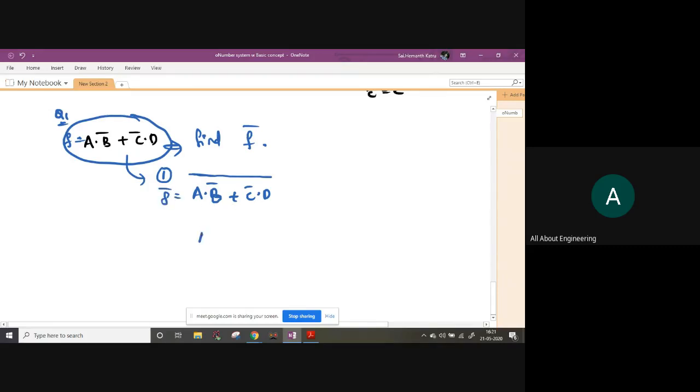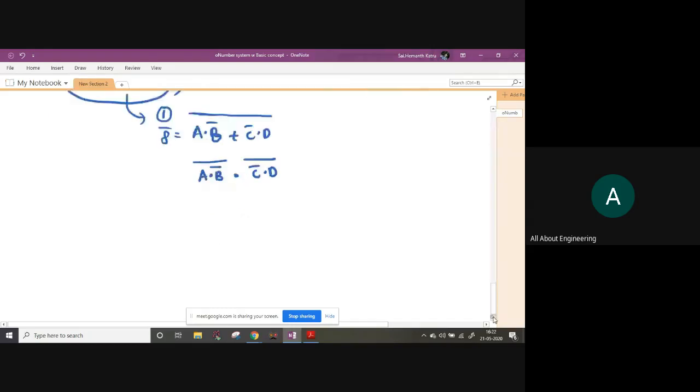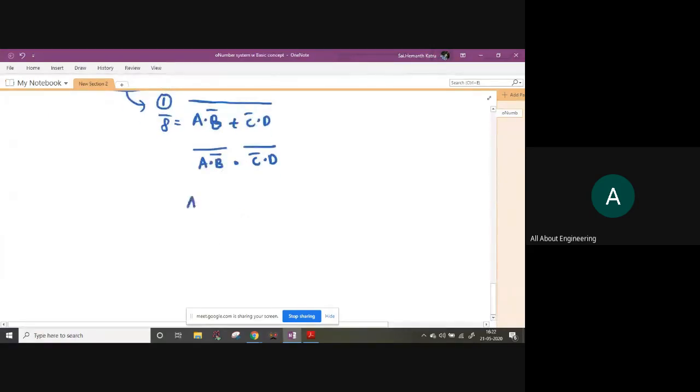Then I can write this as a bar dot b whole bar and c bar dot d whole bar. If you are unable to follow any step, please stop me there so that I can explain. Now a bar plus b bar whole bar and c bar whole bar plus d bar. You will get a bar plus b and c plus d bar.